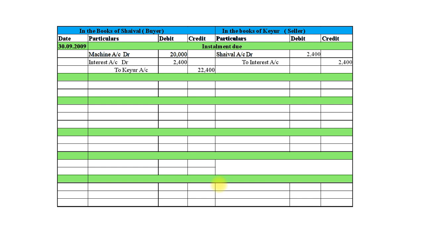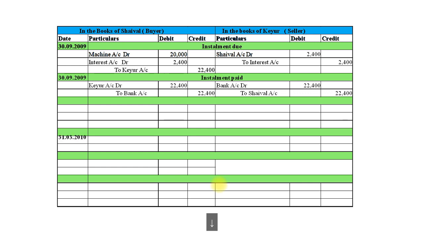And in the books of seller, it will be Shaival account debit to interest, that is 2,400. So this is the installment due on 30/9/2009. Now installment paid on 30/9/2009 will be Keyur account debit to bank 22,400 and bank account debit to Shaival in the books of seller, it will be 22,400.